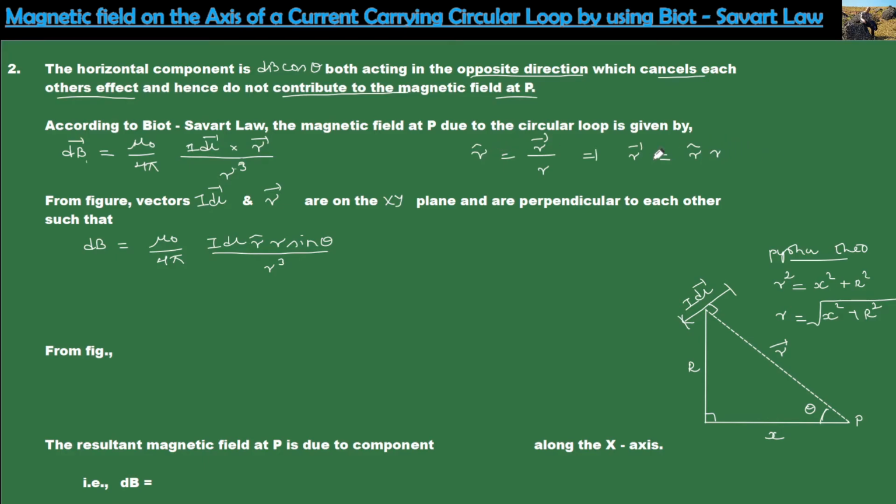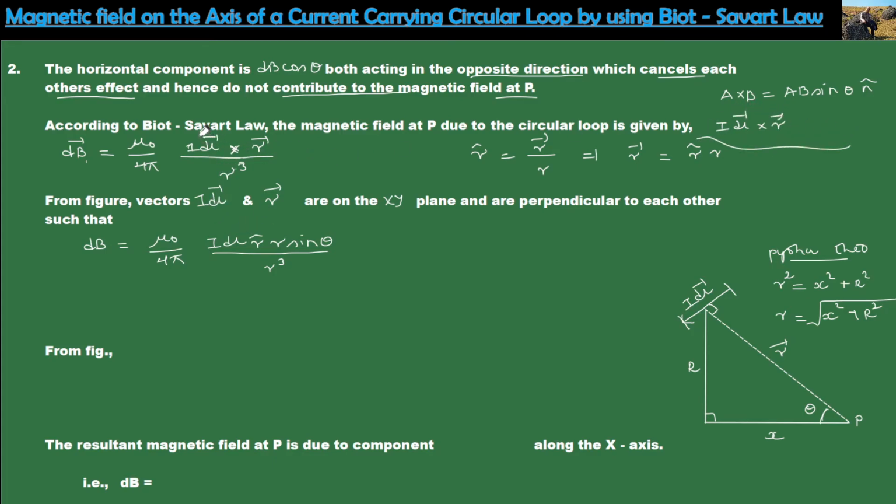But since this is the cross product of two vectors, you have to write sine, because a cross b equals ab sine of the angle between the two vectors, times the unit vector. In this case it means we have I dl cross r bar.